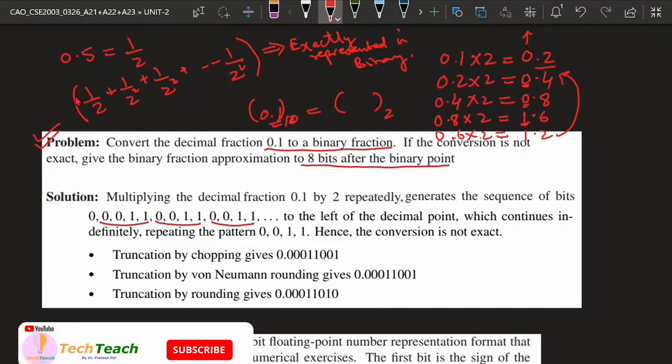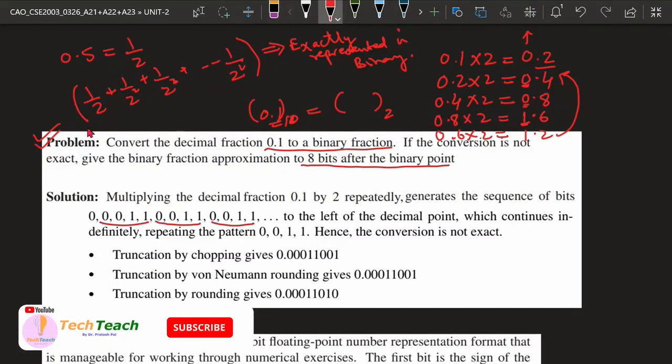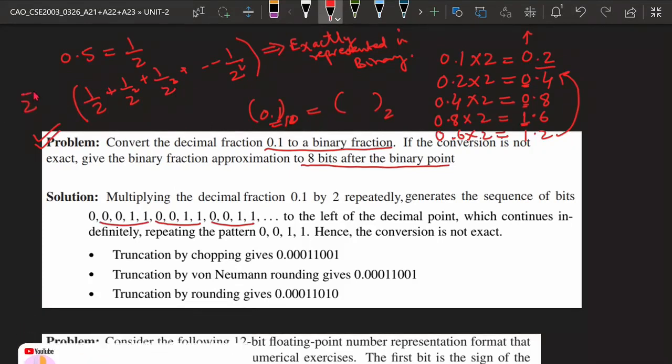But any other number that is not represented by this combination of 2 to the power of negative powers, you can consider.